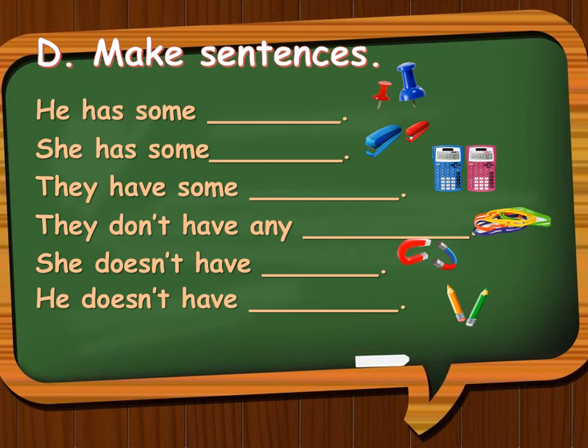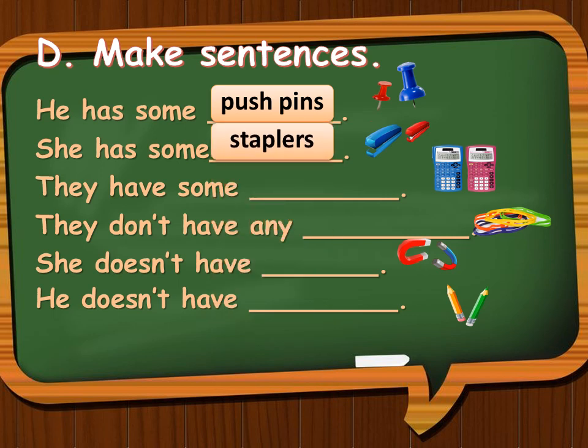So what is the object that we're talking about? It is push pins. He has some push pins. Second, she has some, yes, it's staplers. She has some staplers. Next, they have some calculators.